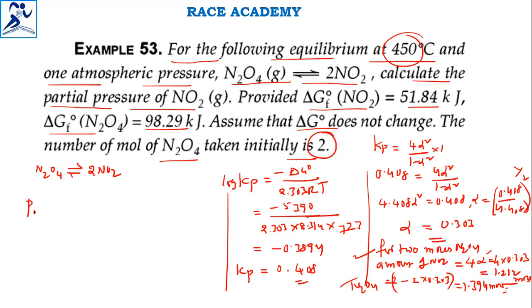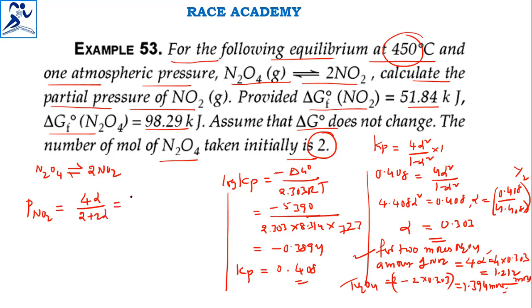So the partial pressure of NO2 is equal to the number of moles of NO2 divided by total moles, that is 4 alpha. First I will write the expression 4 alpha by 2 plus 2 alpha.